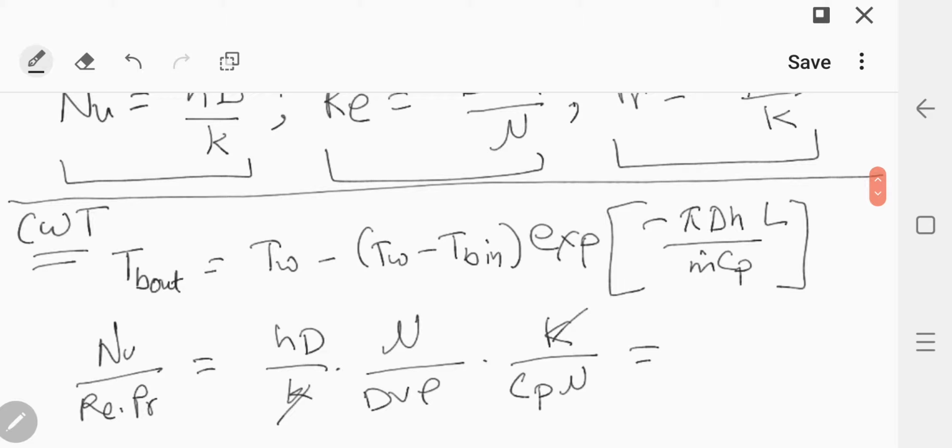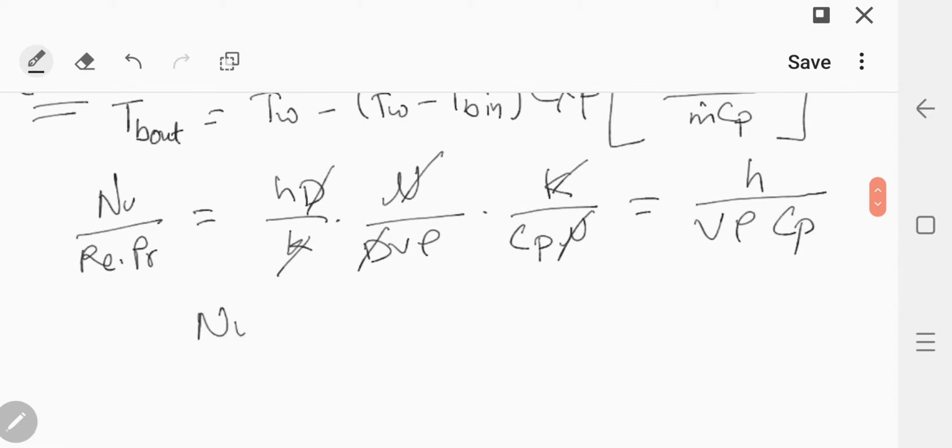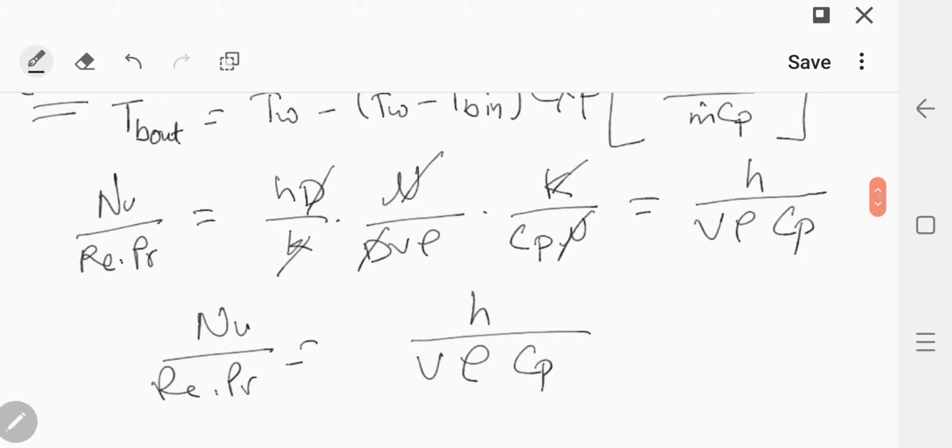Now this k gets cancelled with this, viscosity and d will cancel with this, so it finally comes out to be v rho into Cp, right? So that is Nusselt number over Reynolds number into Prandtl is h by v rho Cp.